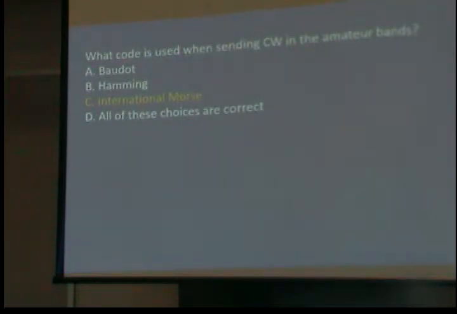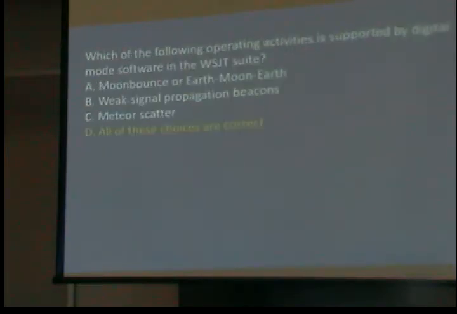What code is used when sending CW in the amateur band? International Morse. Okay. Which of the following operating activities is supported by digital mode software in the WSJT suite? Moon bounce or moon-earth, weak signal propagation beacons, and meteor scatter.